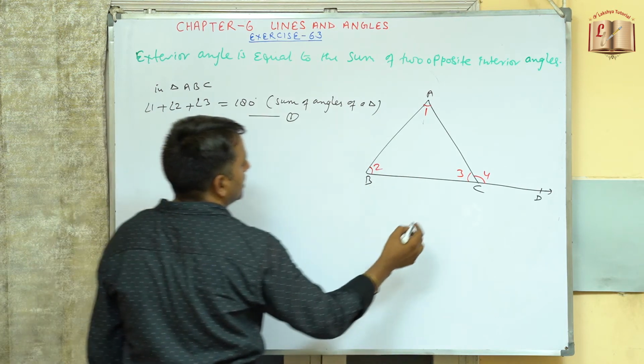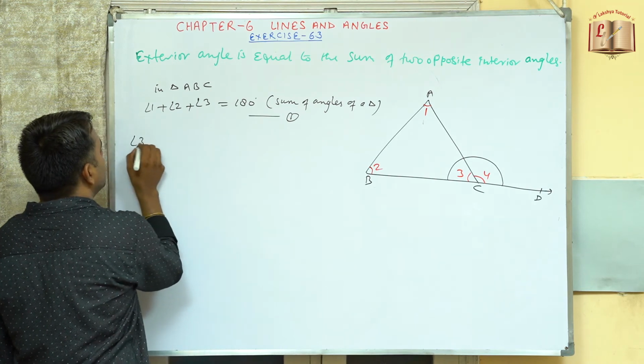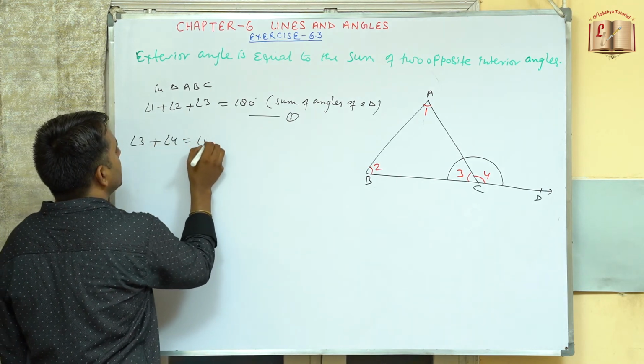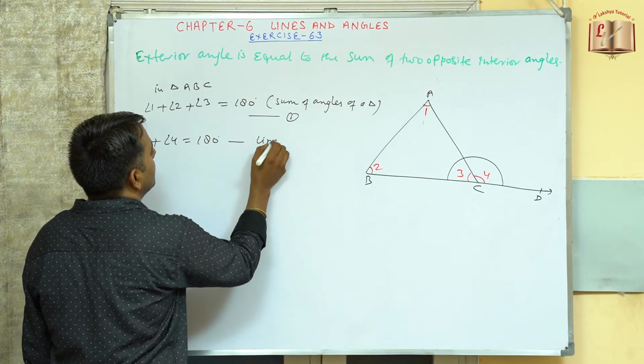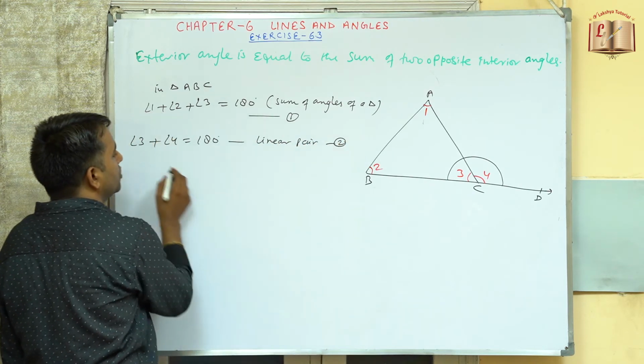Now see that from here this is a linear pair, so angle 3 plus angle 4 is equal to 180 degrees. This is equation number 2.